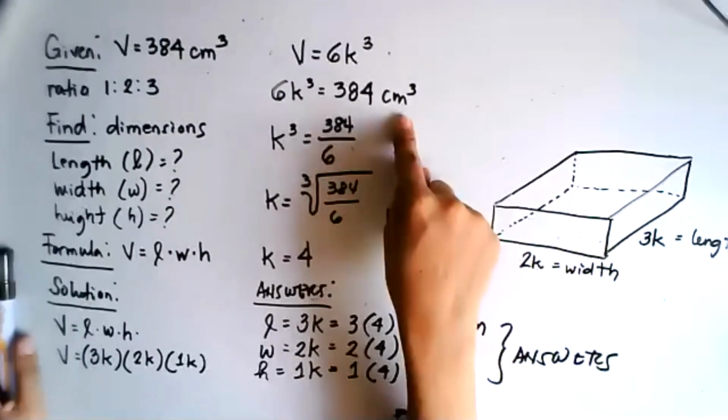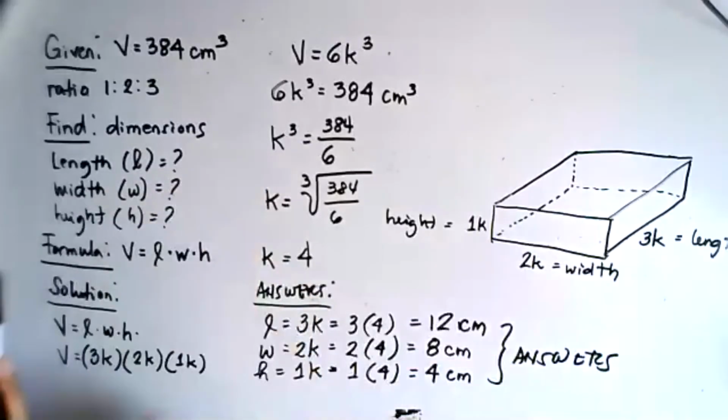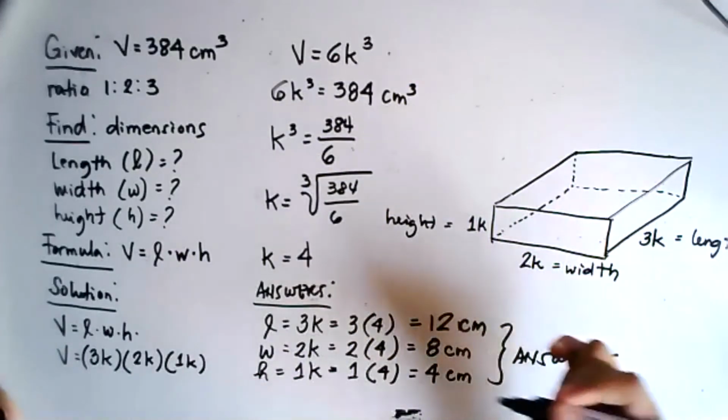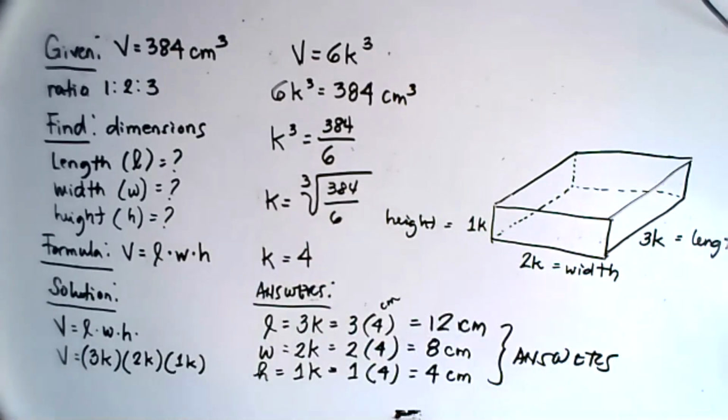Oo, nag-cube root tayo dito. Cube root of cubic centimeter is centimeter. Naalis na natin yon. Sige, positive integer lang tayo dito. May unit naman tayo, the centimeter. This is 4, so this is 4 centimeters.